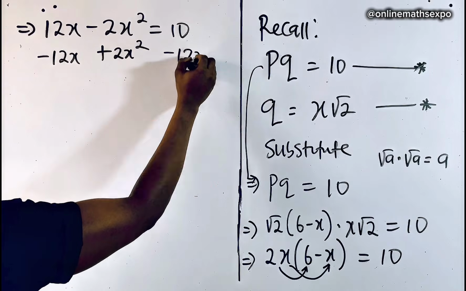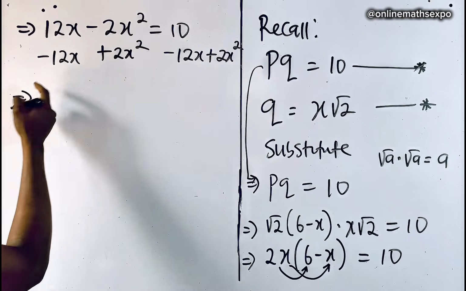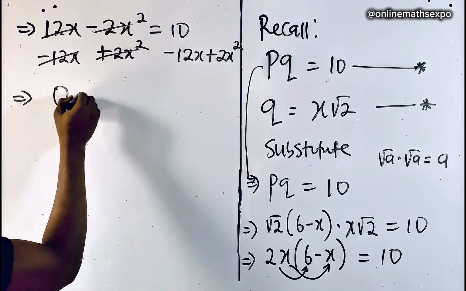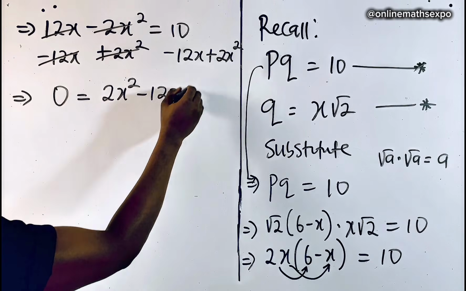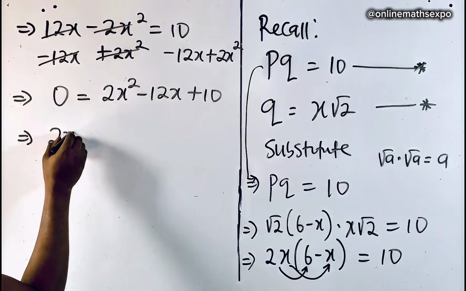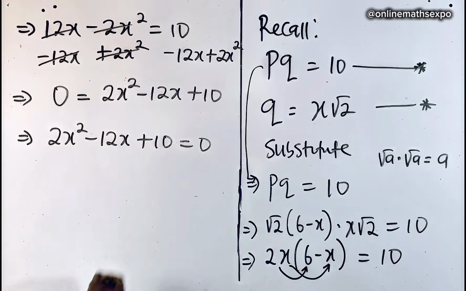If you do that, this takes off, this takes off. Here becomes 0 is equal to 2x squared minus 12x plus 10. And this is the same as 2x squared minus 12x plus 10 is equal to 0.